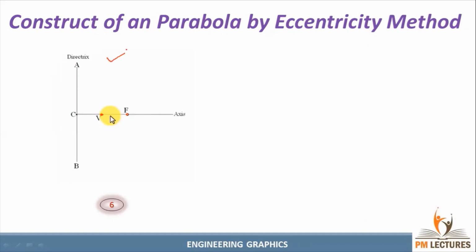After finding the vertex, from the vertex point at 10 mm gaps, you need to draw vertical lines across the axis. Like this we need to draw.